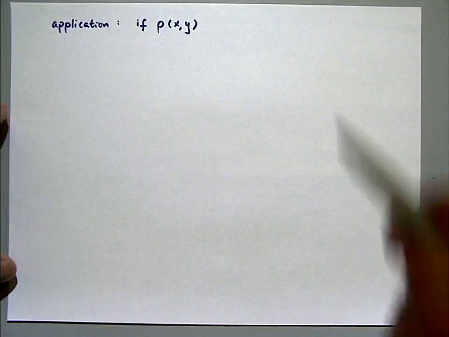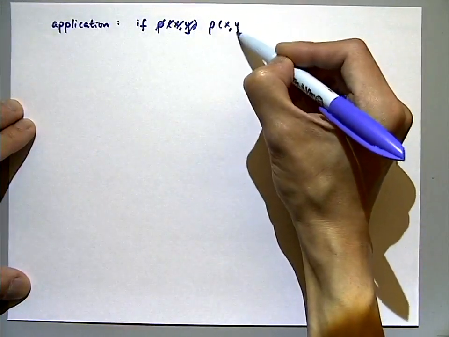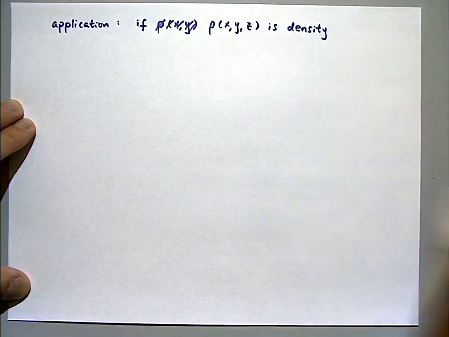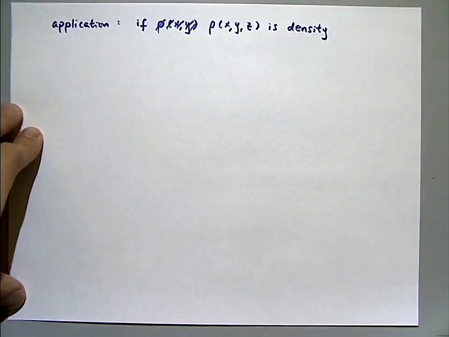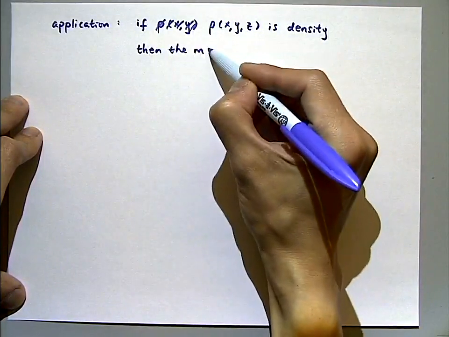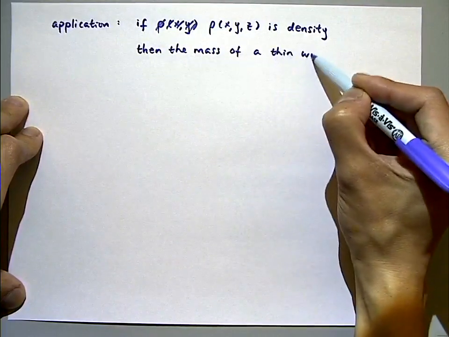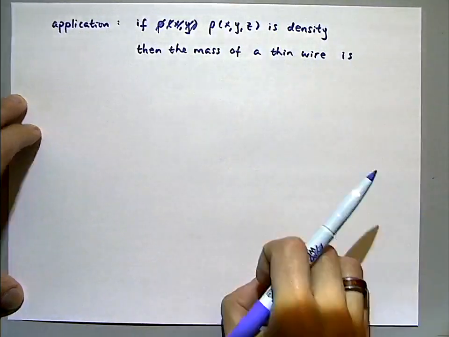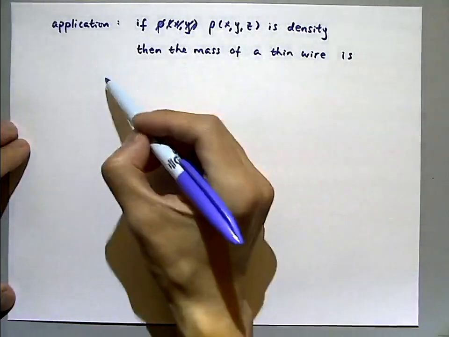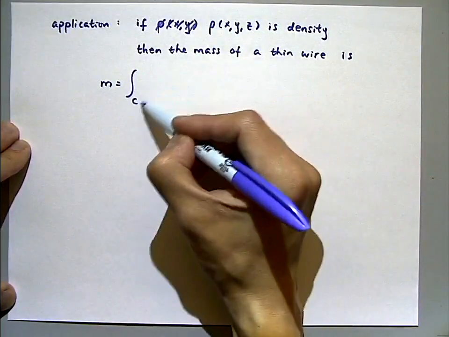So for example, if rho of x, y, z, going three-dimensional, is the density, so it's constantly varying, then the mass of a thin wire in the shape of a space curve is m is equal to the space integral along the curve.